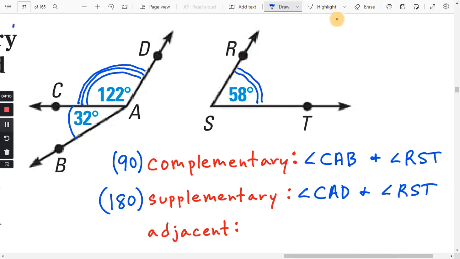And finally, adjacent angles have to share the side and the vertex.